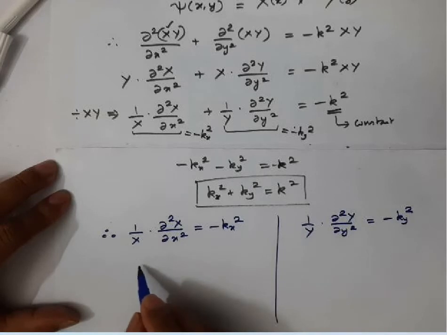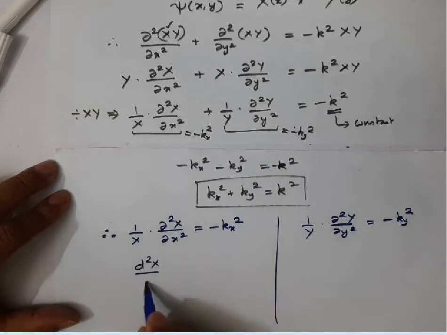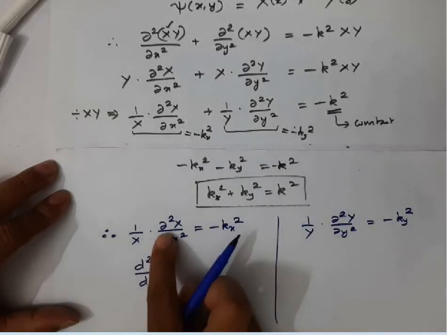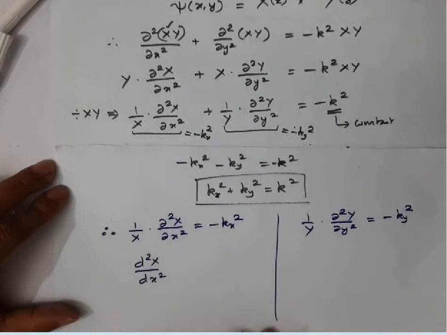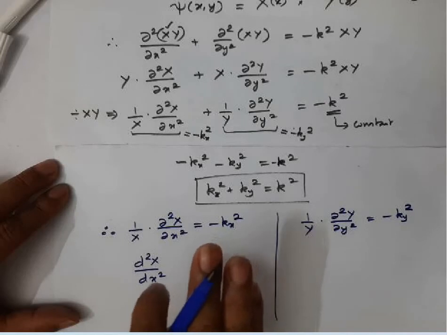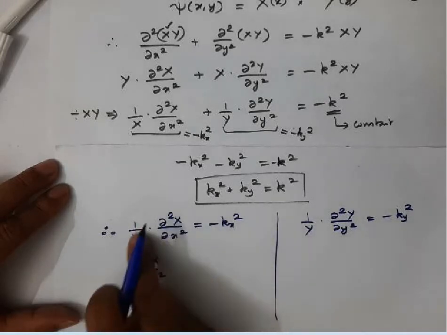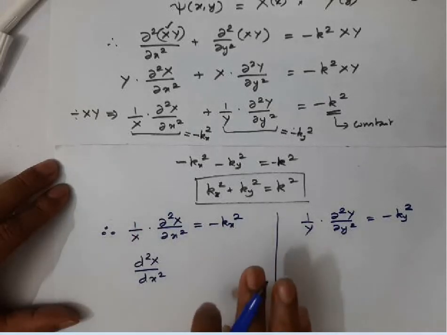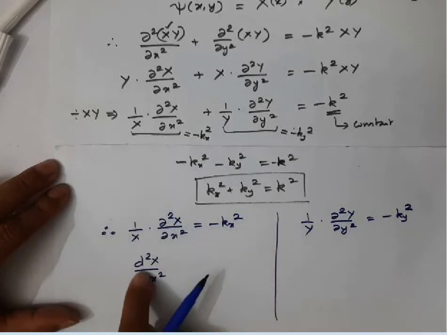You'll get d²X/dx². I'm changing this partial derivative now to full derivative, because now the function X depends only on one variable x. The entire equation depends only on one variable x, so you need not put partial derivative, you can put full derivative.